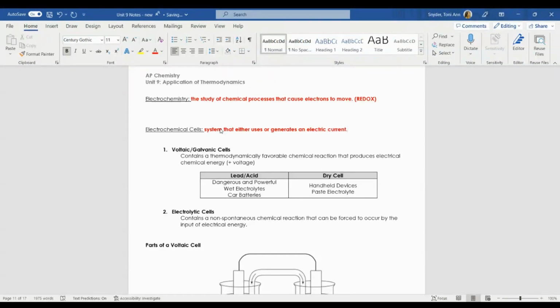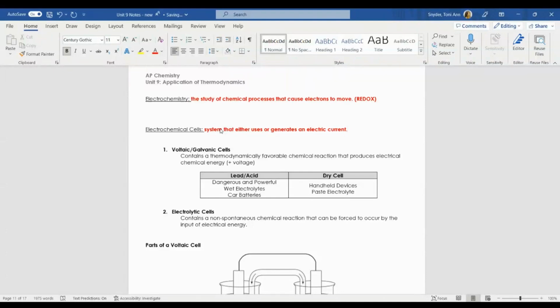So a lot of redox processes will either produce an electric current or they will use electric current. A lot of things will be thermodynamically favorable, and in that case, they will generate an electric current on their own.